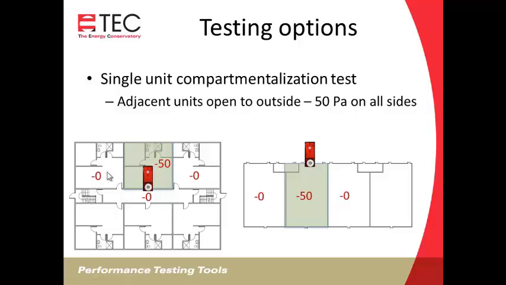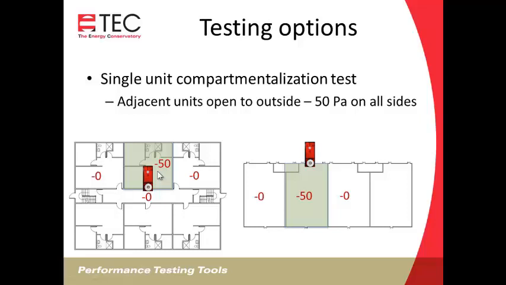And all of the adjacent units have either windows open to the outside or doors open to the outside, with doors open to the hallway and doors open to the outside on each end. So the adjacent units, you can monitor pressures in there. They should be 0 pascals to the outside or close to 0, and the hallway should be 0 pascals because that's adjacent.